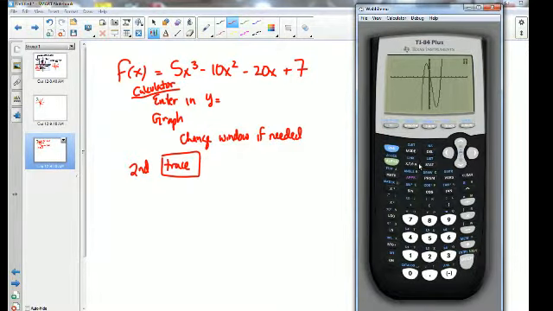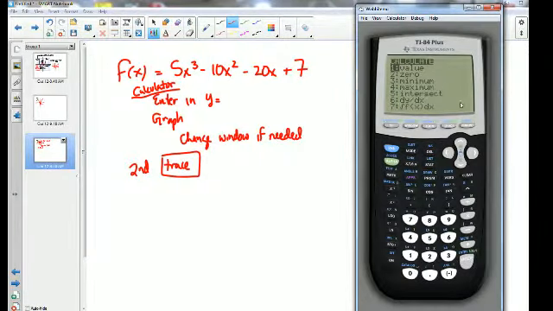So hit second, and then the trace key. And you need to follow this, because we're running short on time. This calculator will do a min-max calculation for you. Right there, trace key.